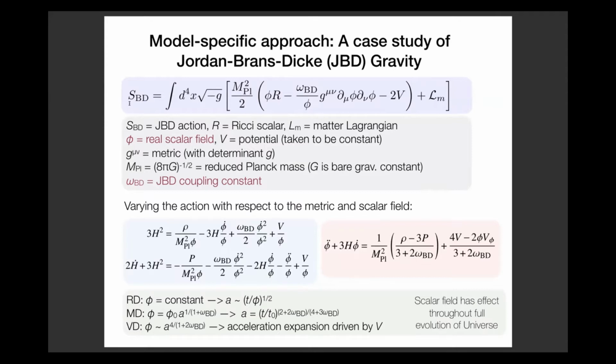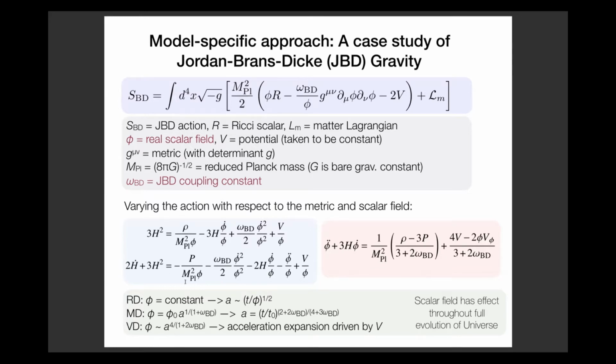The action for Brans-Dicke gravity is given at the top, where we have a new scalar field which is multiplying your Ricci scalar, and we're introducing a coupling constant, omega Brans-Dicke. And then there are these additional terms which are written down, but I'm not going to go into great detail here in the interest of time. What I'll say is that we vary the action with respect to the metric and with respect to the scalar field.